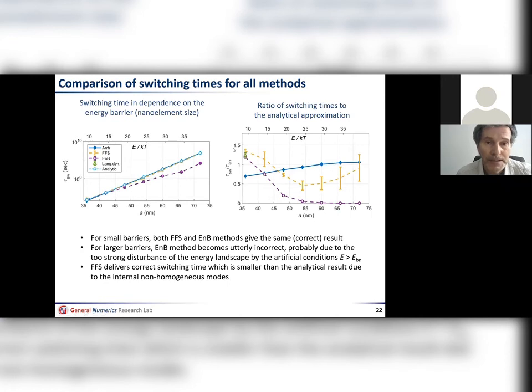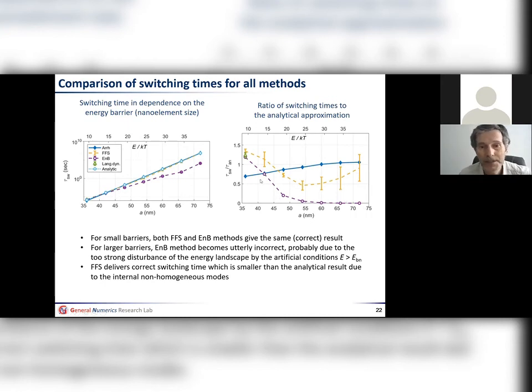Fine. Now let us compare the results. You have here the analytic approximation and 1 point for the Langevin dynamics. It's here, and 2 curves for 2 methods. It is reasonable to divide all that by the analytical approximation, and for our 2 numerical methods, you get 2 curves, the yellow one for the forward flux and this one for the energy bonds.